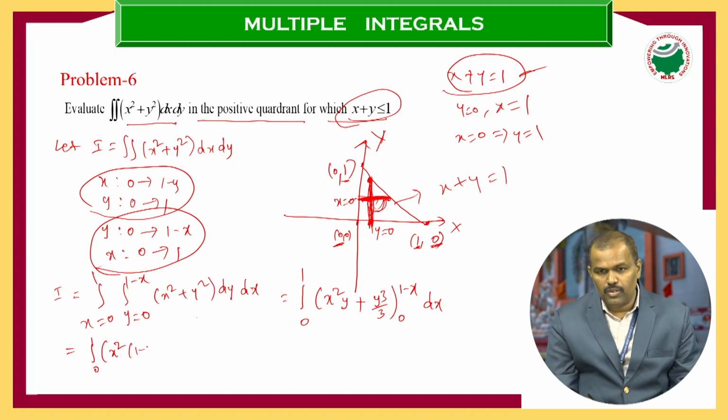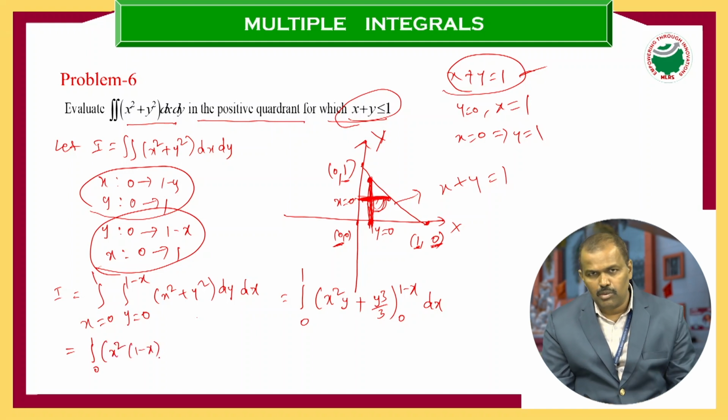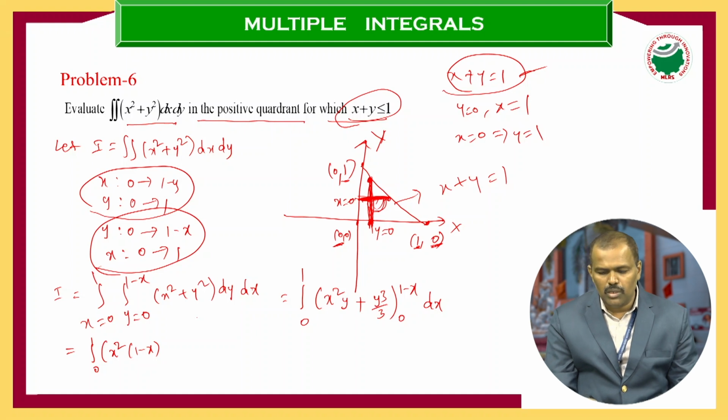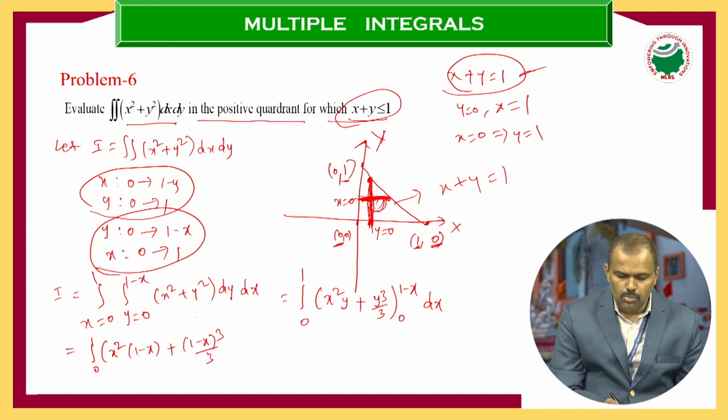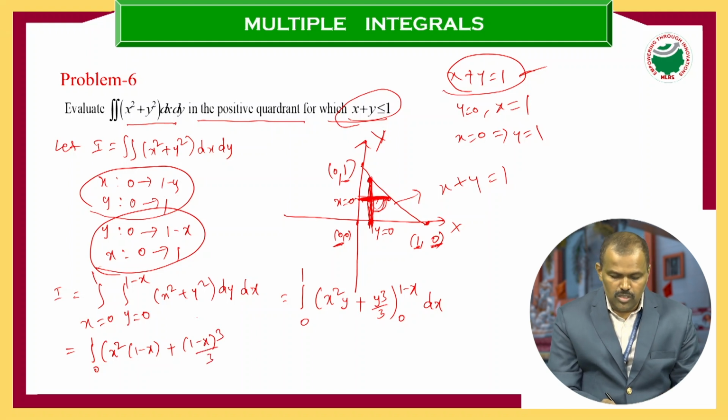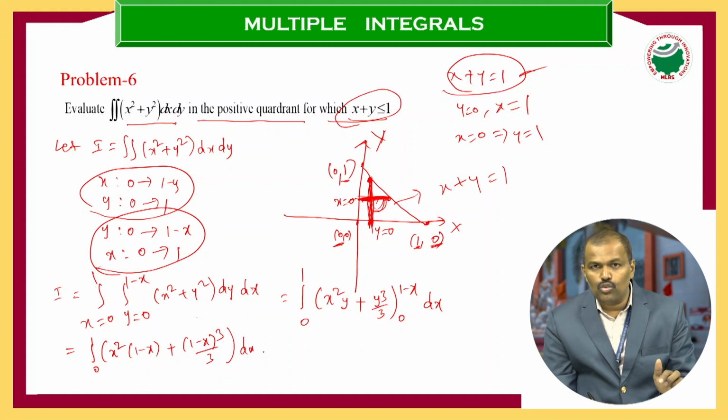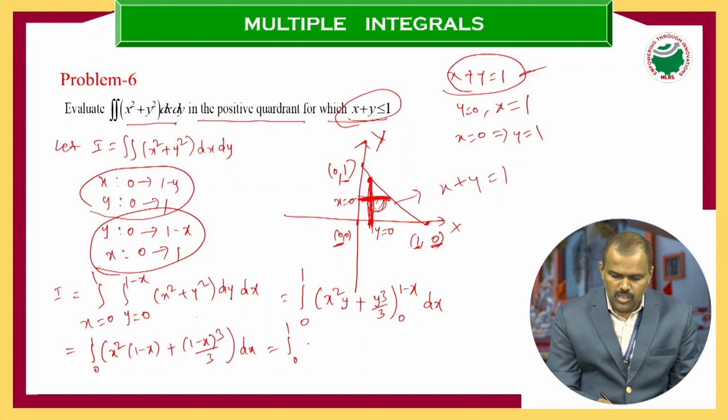Here there are two ways of evaluation: by expanding (a minus b) whole cube, or directly by applying the formula x power n. (1 minus x) whole cube integrates to (1 minus x) whole power 4 by 4, with 3 already in the denominator, so 4 into 3, and in the denominator the derivative of 1 minus x, that is minus 1, within the limits 0 to 1.